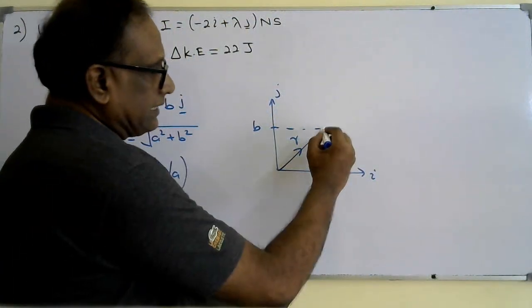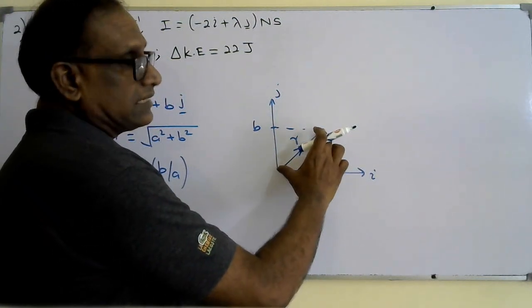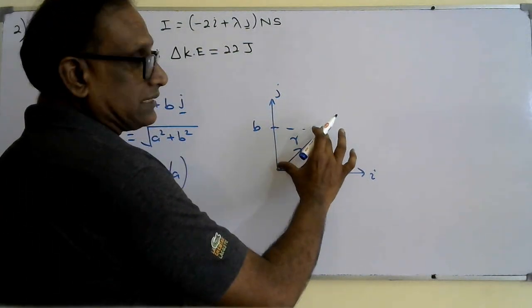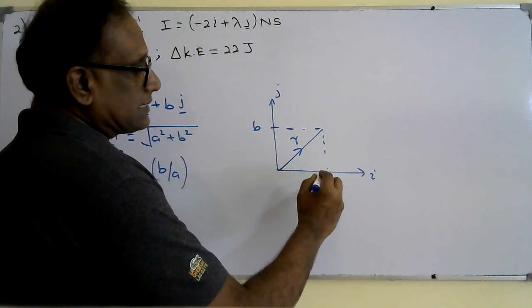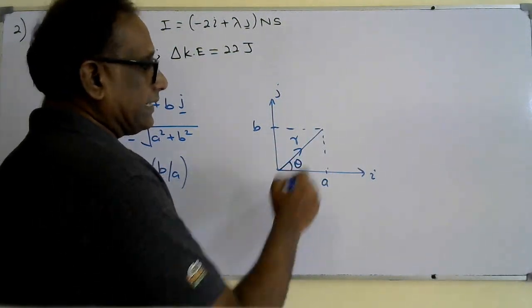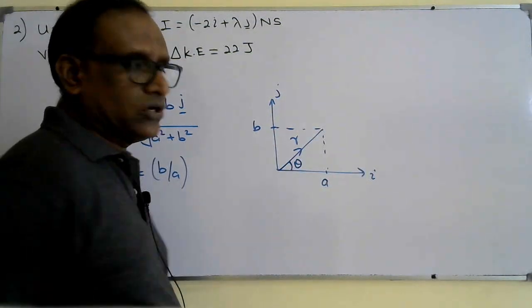In this right angle triangle, one side is a and the other is b. The length of r is given by Pythagoras theorem, the square root of a squared plus b squared. The direction theta: tan theta is the height b over a. That's all, you must know that.